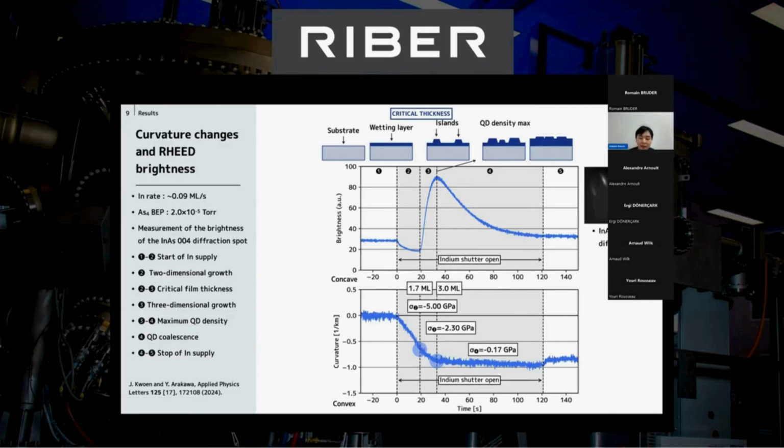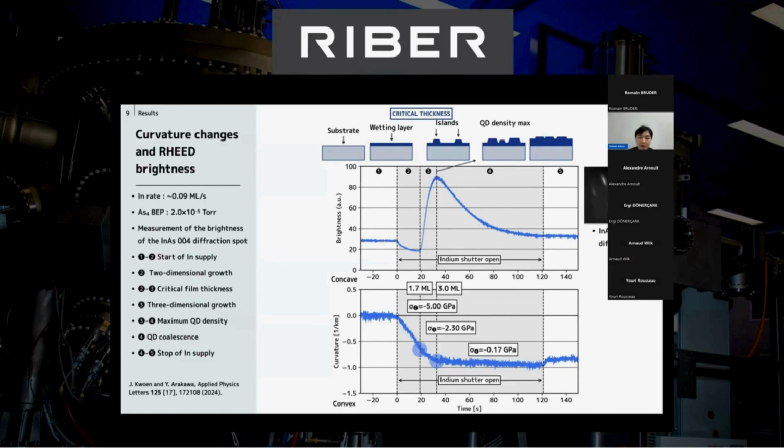This stress at 3.0 monolayer is less than half of the absolute value compared to the stress of the two-dimensional growth, indicating a transition in the growth mechanism at this stage.